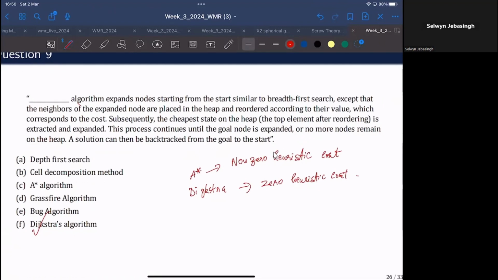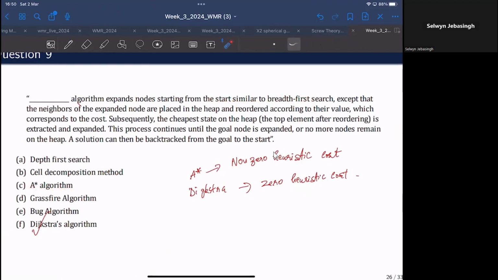Because depth first algorithm is actually not similar to breadth first. So the question itself is similar to breadth first, so you can eliminate this immediately. Cell decomposition is a graph construction method, so you can eliminate that. A star is a potential candidate.